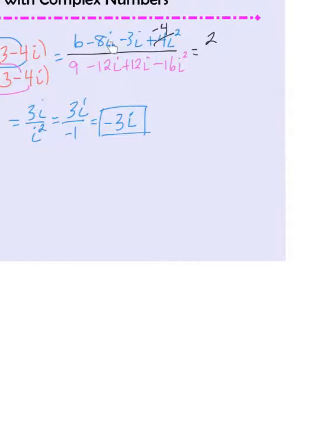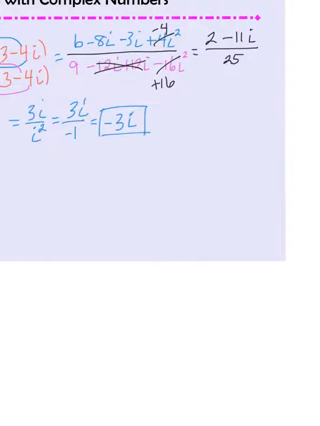Then I have like terms here, so negative 8i and negative 3i add to give me negative 11i. Then the 12i and negative 12i are going to cancel. The I squared is a negative 1 times a negative 16, which changes this into a positive 16. So I really have 9 plus 16, which is 25.